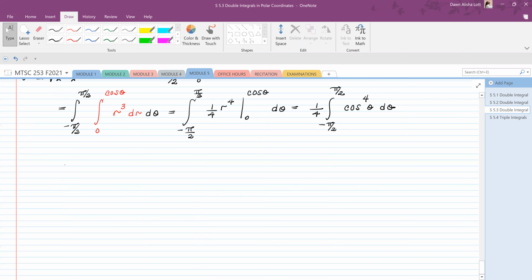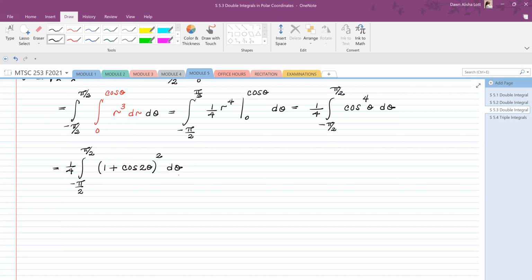Okay, so that is 1/4 the integral between minus pi over 2 and pi over 2. Cosine to the 4th is cosine squared squared. So that's 1 plus the cosine of 2 theta, squared, d theta, because cosine squared is 1 plus cosine 2 theta.